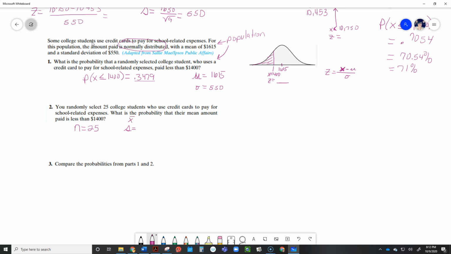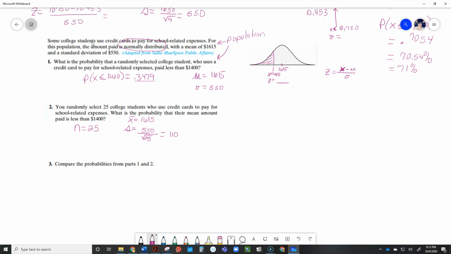My X bar, remember, the mean of the sample is going to be the same thing as the mean of the population. The central limit theorem told me that. And now S is going to be calculated by taking 550 and dividing it by the square root of the sample size. So that comes out to be 110. So that's the new standard deviation for the sample.